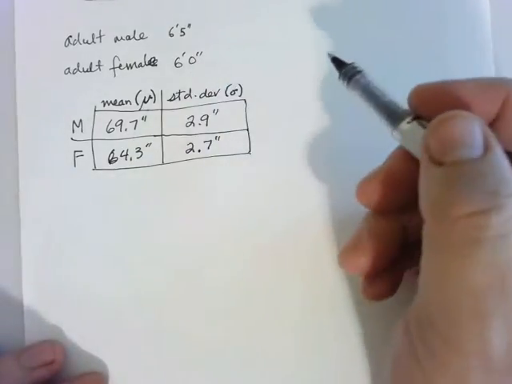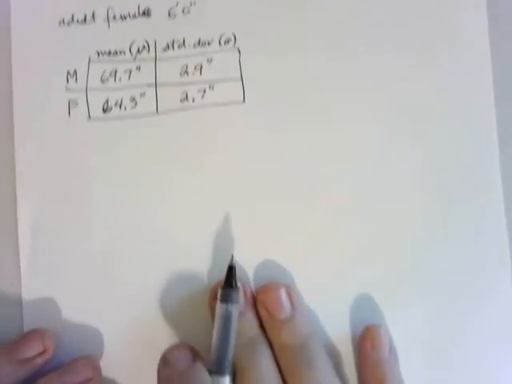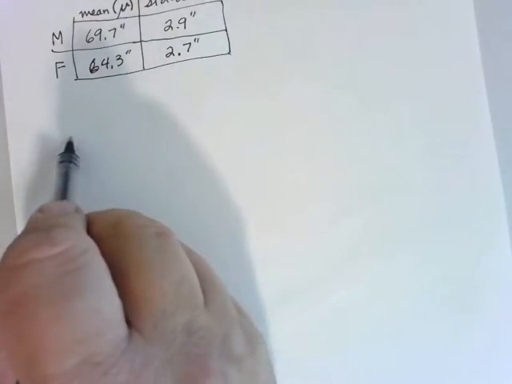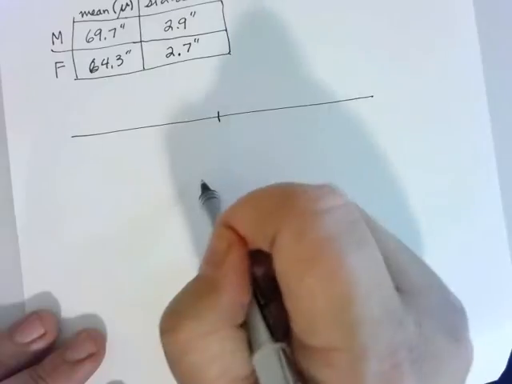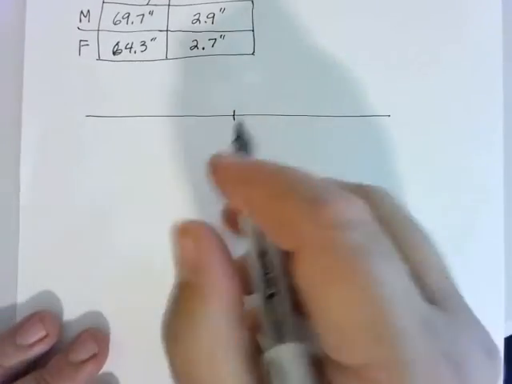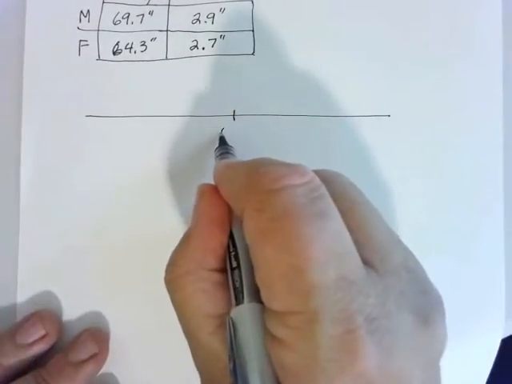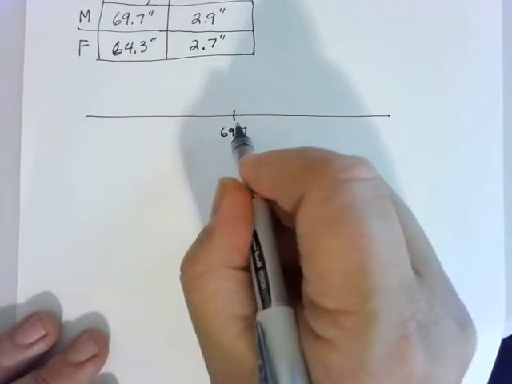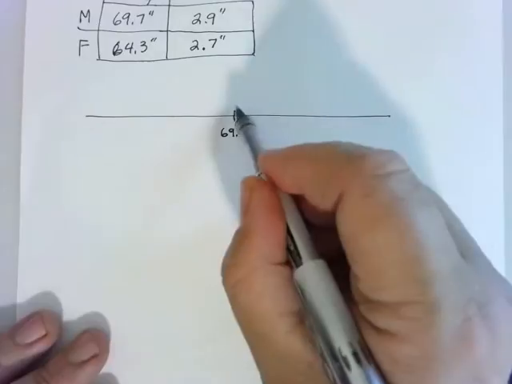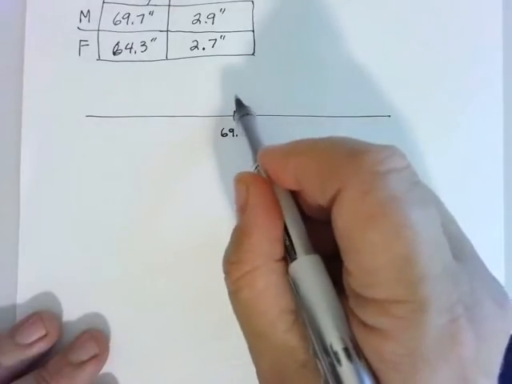Okay? Here's the idea behind the z-score. What we're going to do is imagine putting all of men's heights on a number line. We're going to put the mean height, which is 69.7 inches, at the center, sort of the middle of the number line.